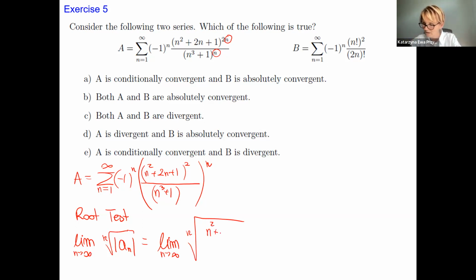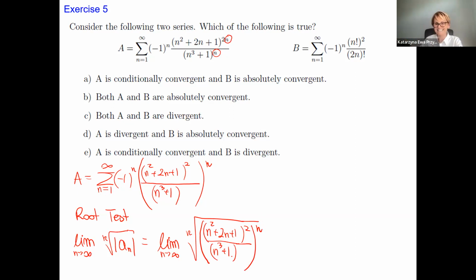We will only have n squared, 2n plus 1, over n cubed plus 1, and then everything is taken to the power of n. Am I right? I have to be careful with that.